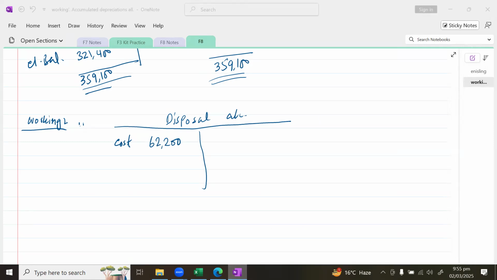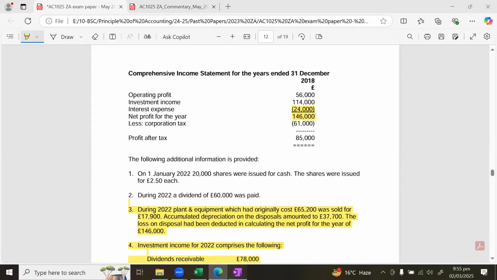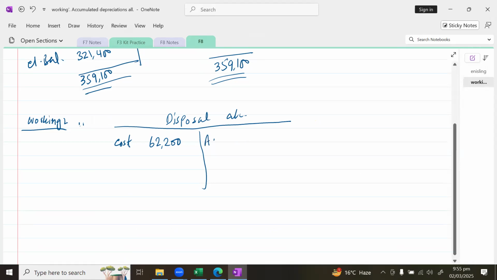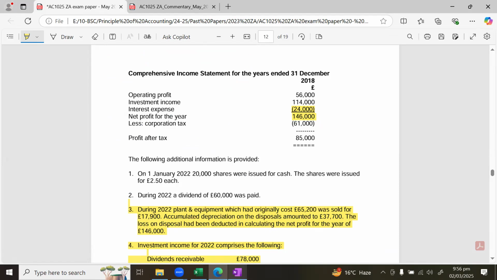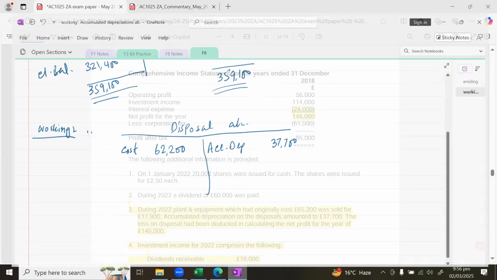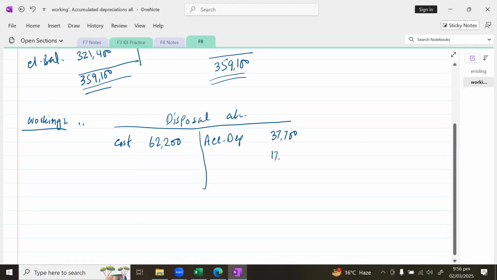Accumulated depreciation of 37,700, and it was sold for 17,900. So the difference is 65,200 minus 37,700 minus 17,900.